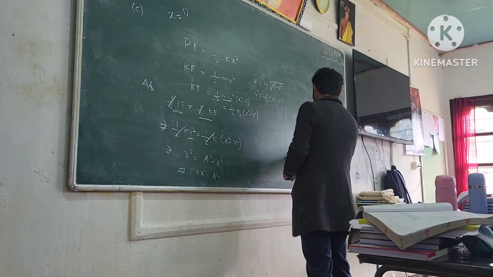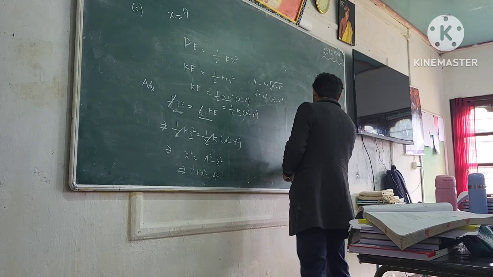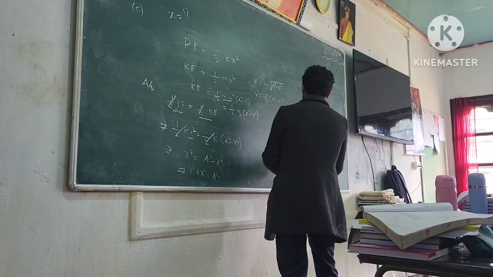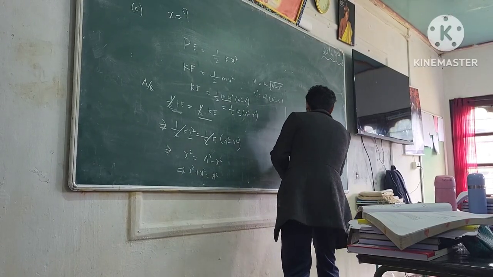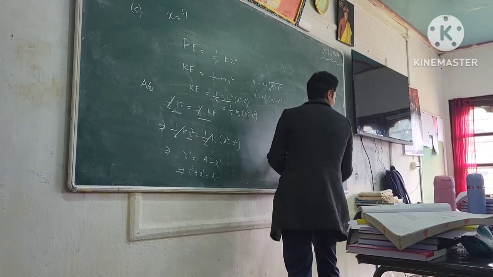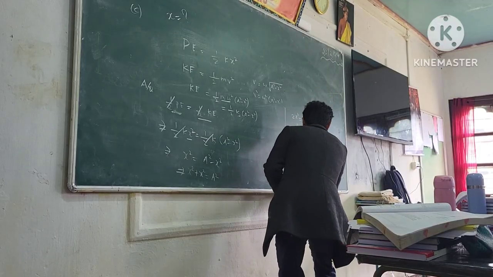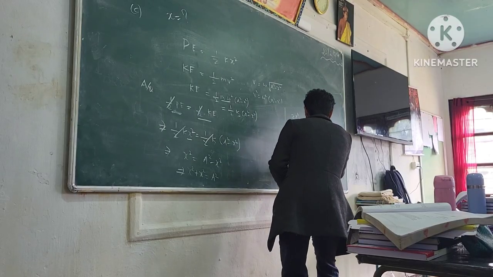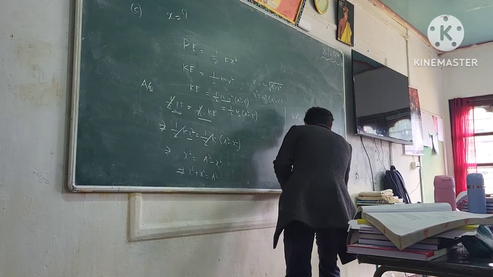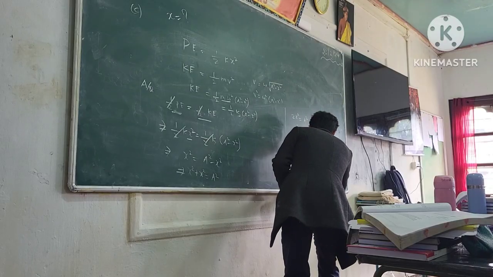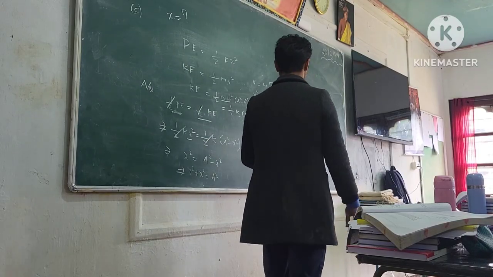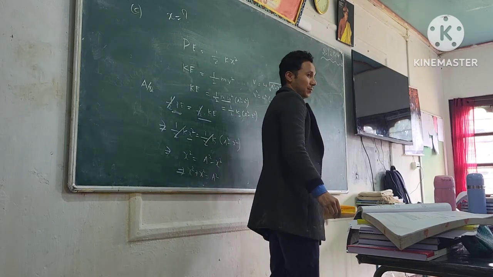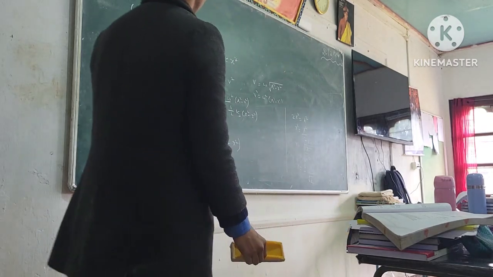Plus minus a over root 2. x would be the square root of a square by 2, so x would be plus minus, right? Plus minus a square root, 2 cancel out, we get a; only we have to do the square root over 2. So this is our answer: x has to be plus minus a by root 2. Then our calculated potential energy becomes half.